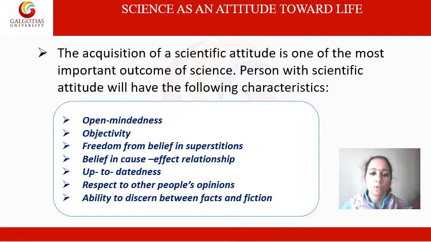One of them is open-mindedness. It means the acceptance of others' points of view. If one is accepting the other's point of view on a particular thing, then only we can say that he or she is open-minded.